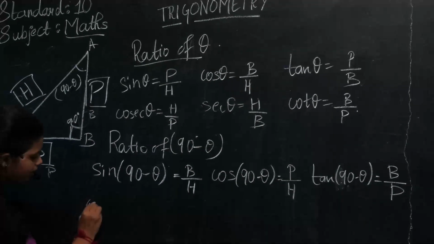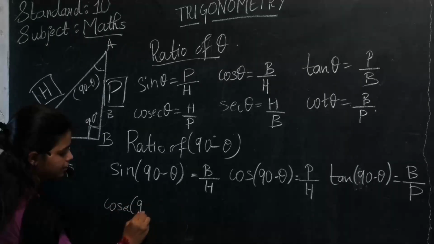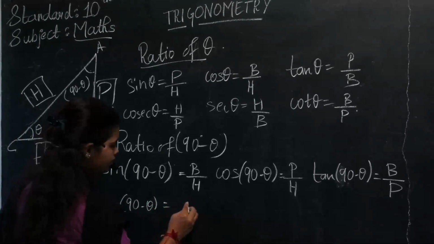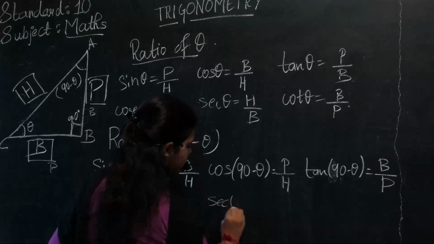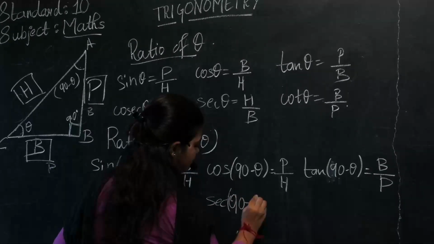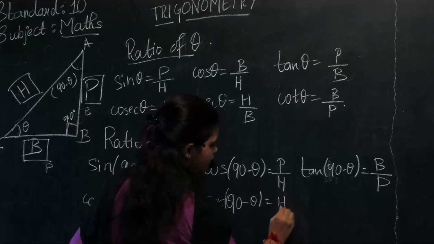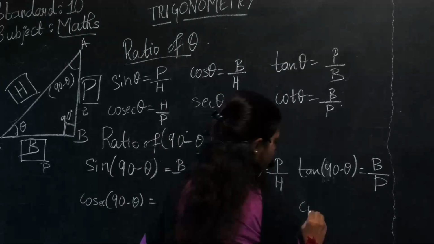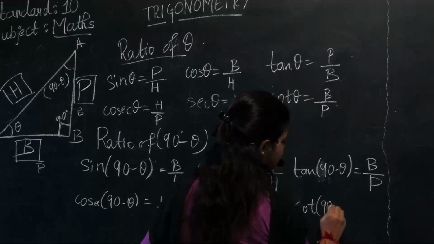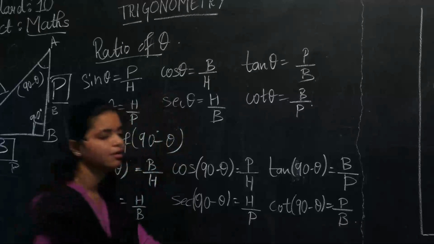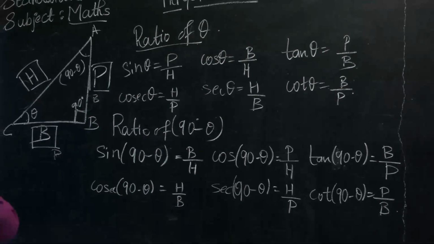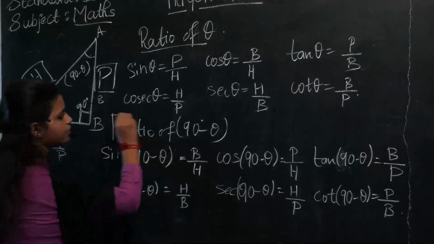Reciprocal of this, cosec 90 minus theta, will be H upon B. Sec 90 minus theta will be H upon P, and cot 90 minus theta will be P upon B. Clear till here? We'll do a comparison of the ratios.